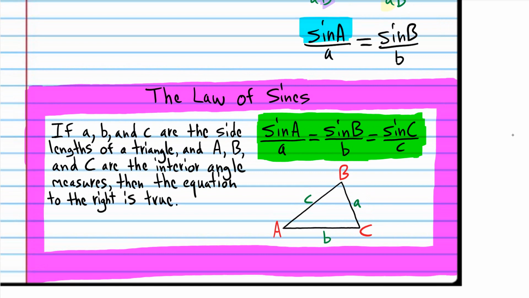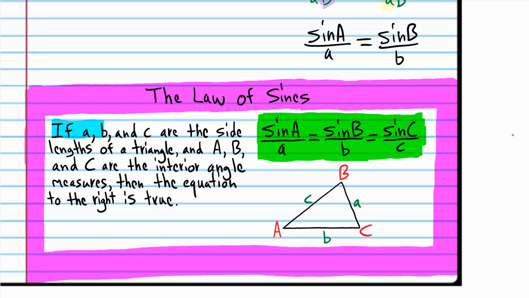The sine function is only defined for right triangles, but that doesn't mean that you can't use the sine function in this equation to help us find information for any triangle. Again, don't be confused. The sine function is only defined for right triangles, but we can use that function in other equations to help us find information about any triangle.